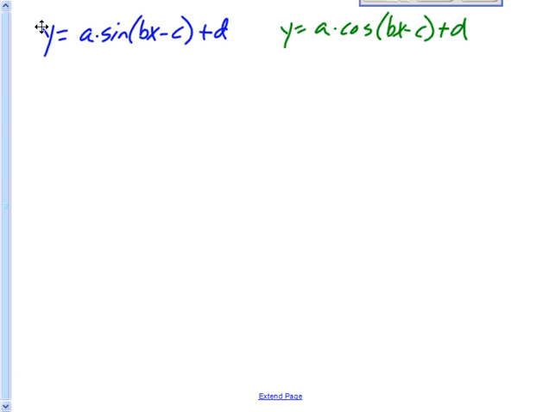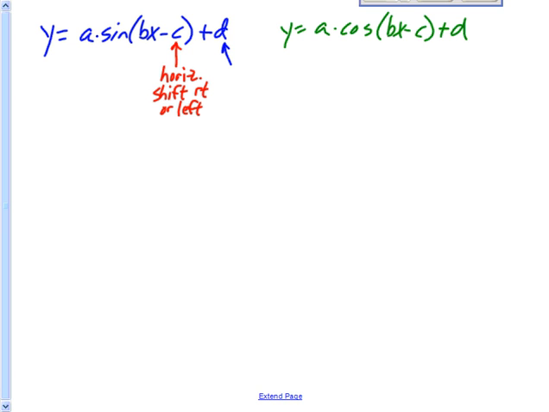Well, as you probably will have guessed, C moves this thing right or left. Okay, so that's a horizontal shift right or left, similar to when we did shifts with our rigid transformations with our quadratics and our cubics, all those things, right?